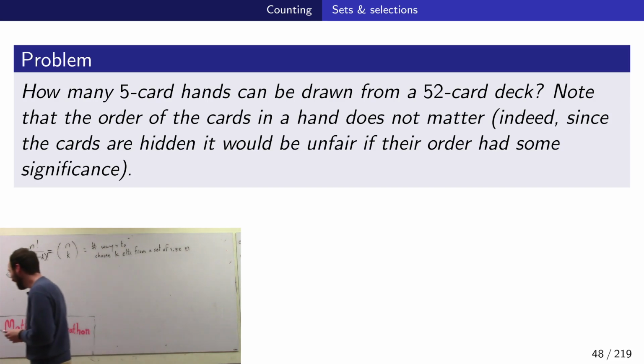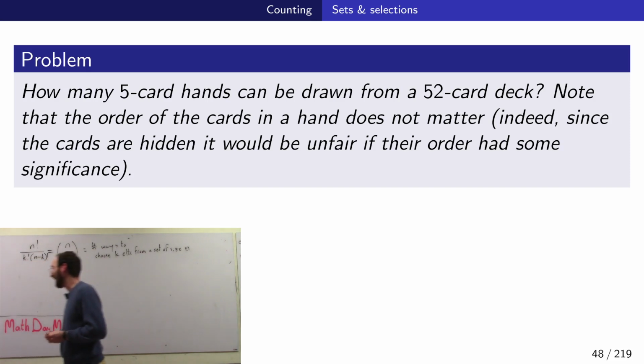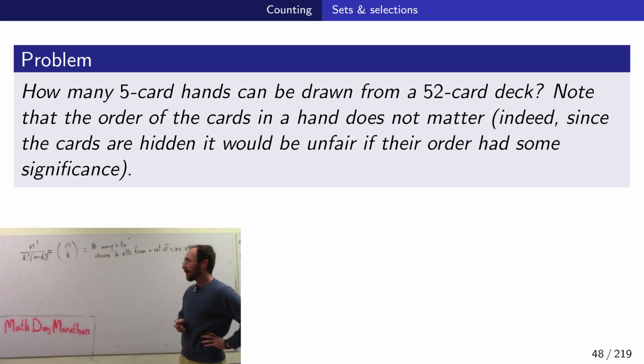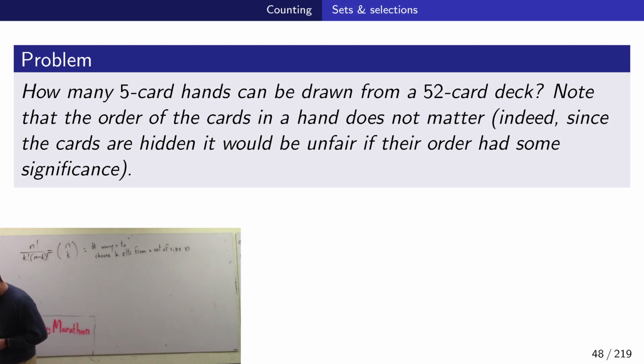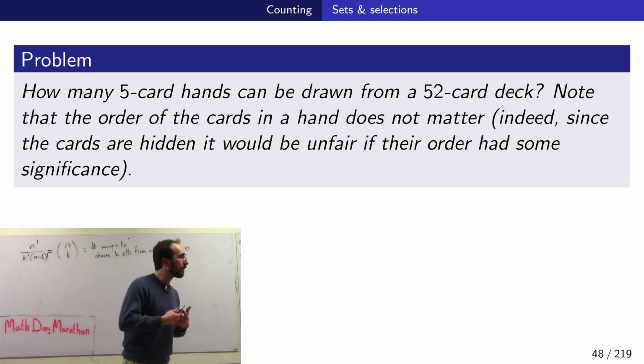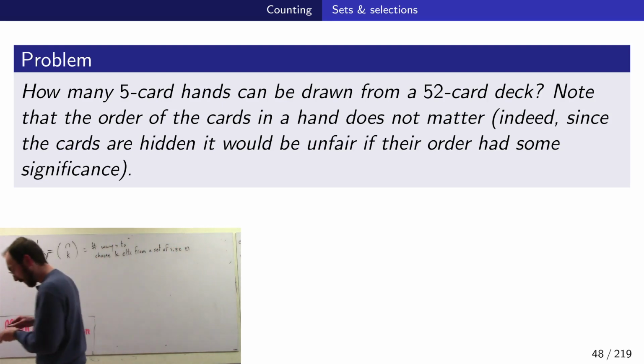It means 10 to the 87 or something like that, I don't know. Anyway, sure, there's that many ways to deal a deck, but what if we're just counting how many 5-card hands we can draw from this 52-card deck?